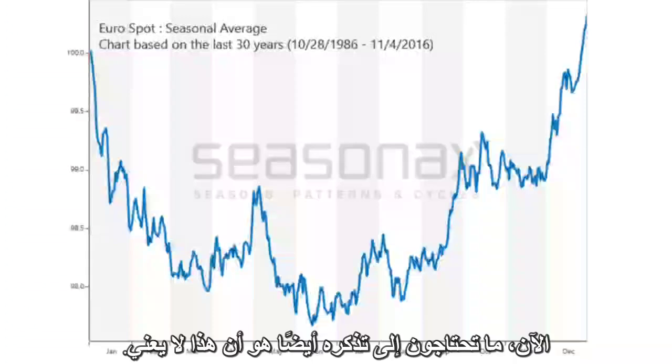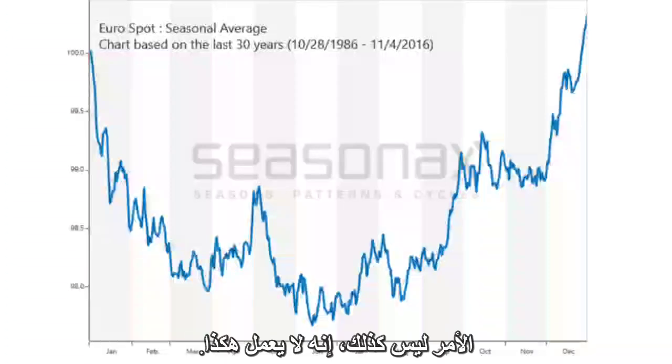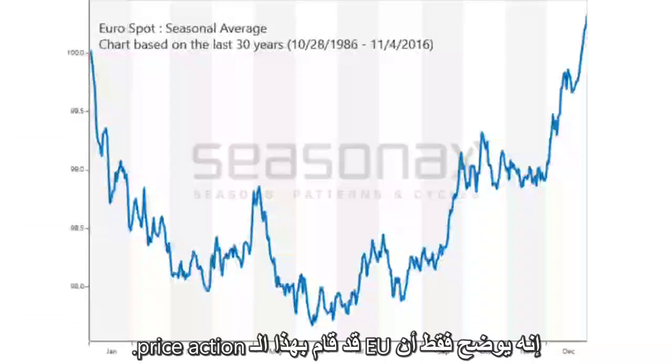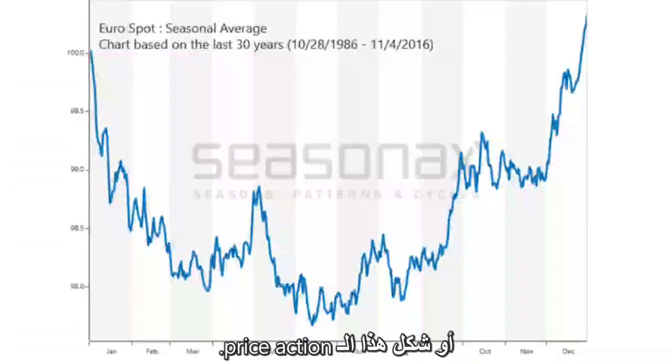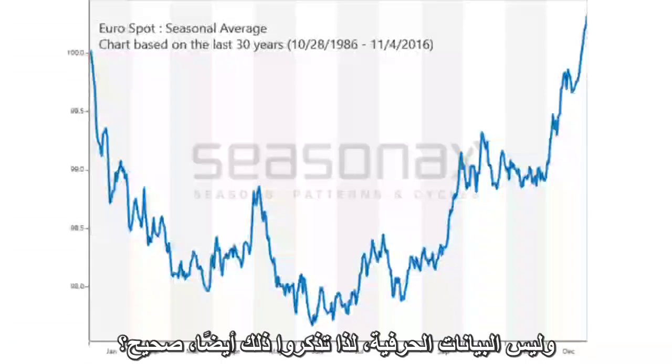Now, what you also need to remember is that it doesn't mean that EU has done this price action literally every year, right? It's not like that. It doesn't work like that. It only shows that EU has formed this price action on average over the last 3 decades, right? It's taking the average of the data, not the literal data. So remember that too, right?